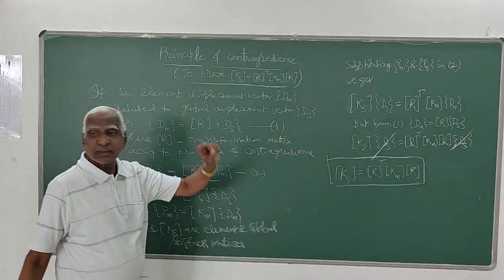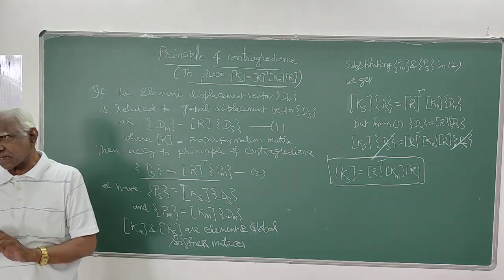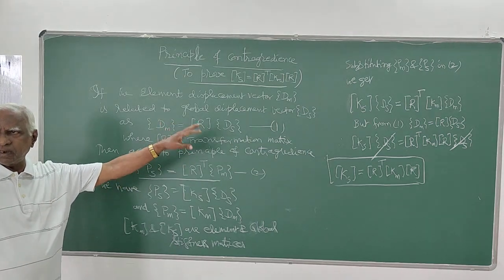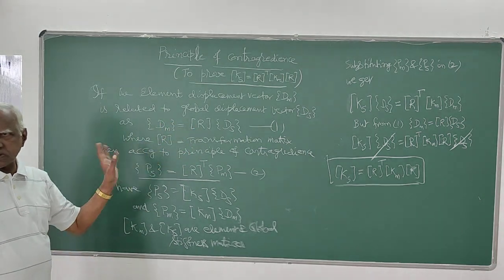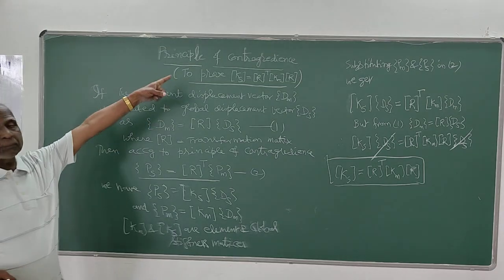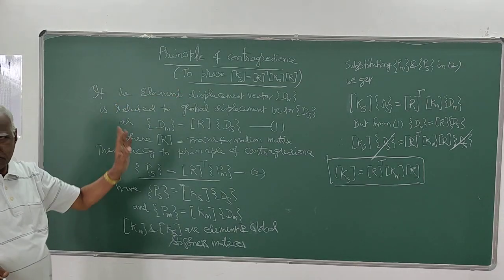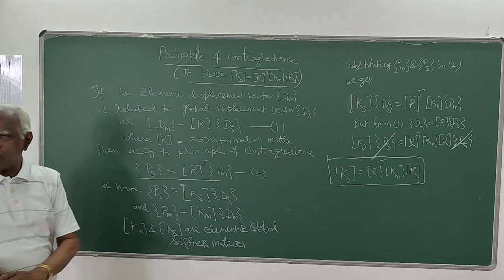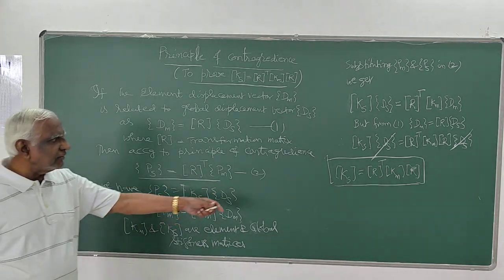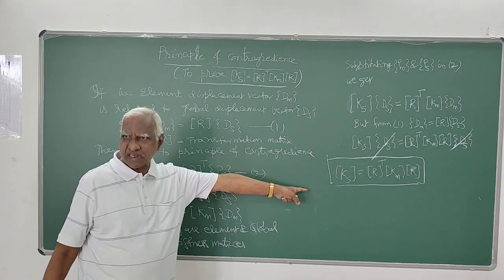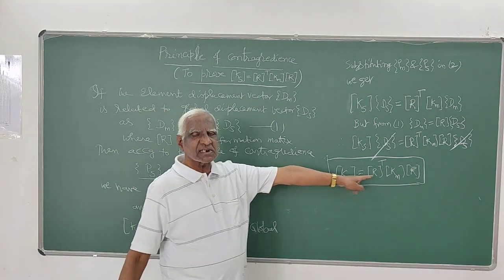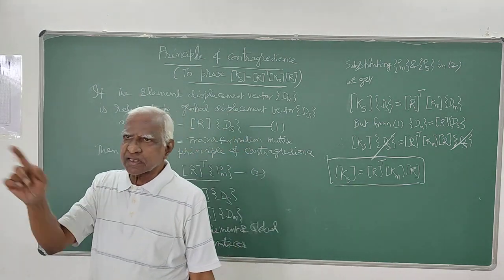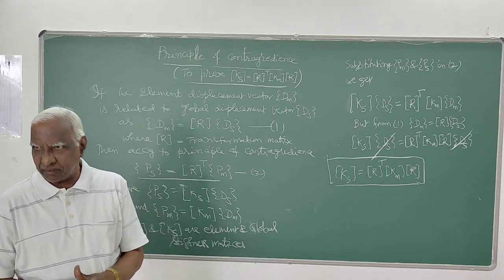That's what I have told. It's a very simple exercise: by knowing the relationship between global and corresponding local force displacement relationships, and by applying this principle of contragradients, you can connect the element and global stiffness matrices. Already we have used this in our truss problem. So we know the element stiffness matrix, that is AE by L times [1 -1; -1 1], that I have derived.